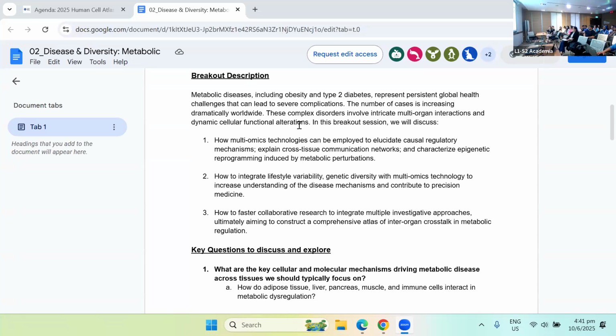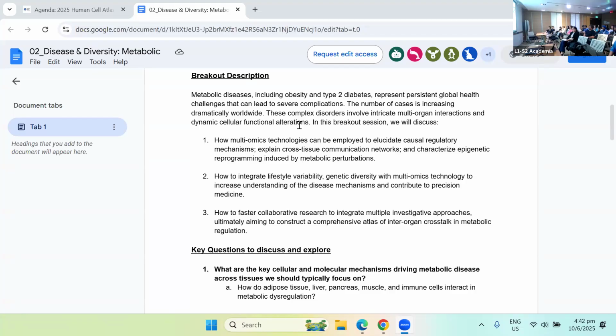Genetic diversity plays a key role in many diseases in general, but especially in metabolic diseases. A few examples: for obesity, the BMI threshold definition is different for each group. There has been evidence that Asians have a higher likelihood of getting type 2 diabetes at the same BMI. So there is a range of evidence pointing to genetic influences on disease susceptibility.